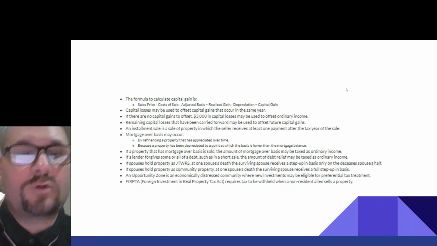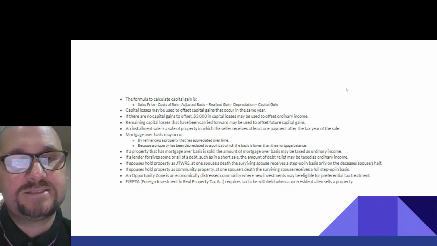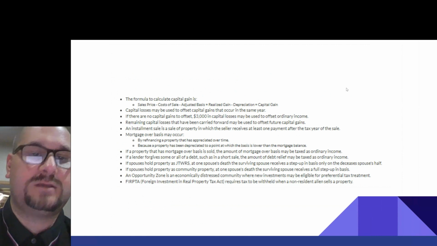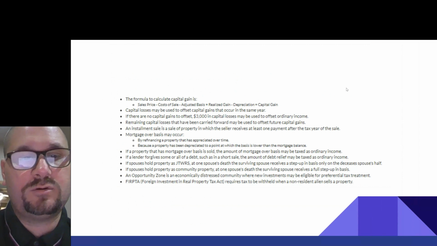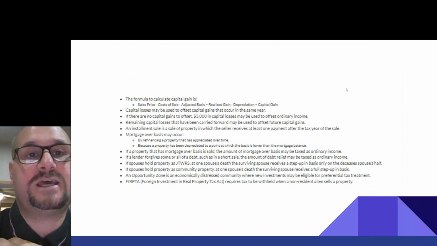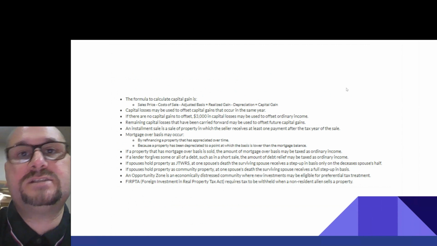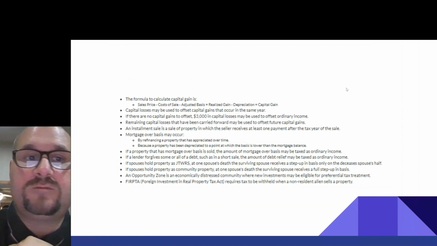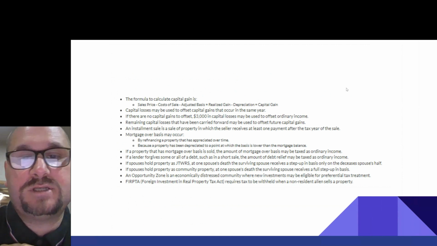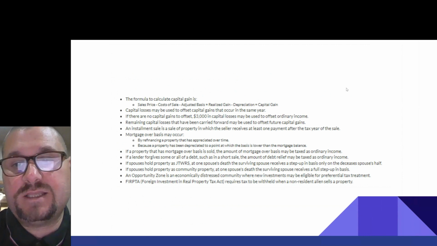FIRPTA is the Foreign Investment in Real Property Tax Act. So FIRPTA is that foreign tax act where a foreigner owns property and they sell it in the United States and they make a lot of money. Well, they're going to get a FIRPTA tax. FIRPTA requires tax to be withheld when a non-resident alien sells a property.